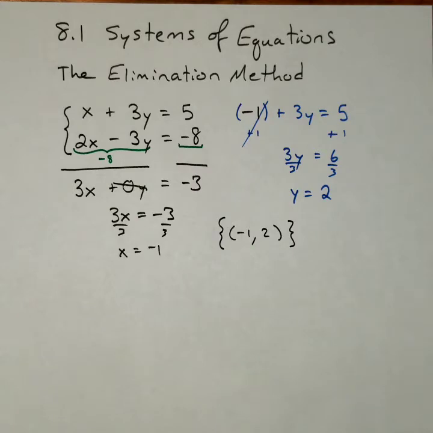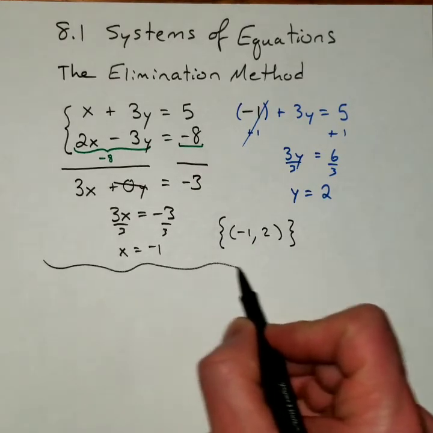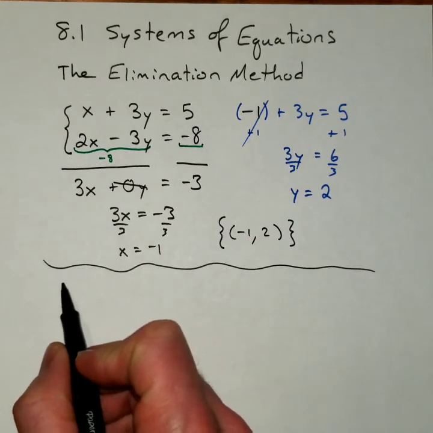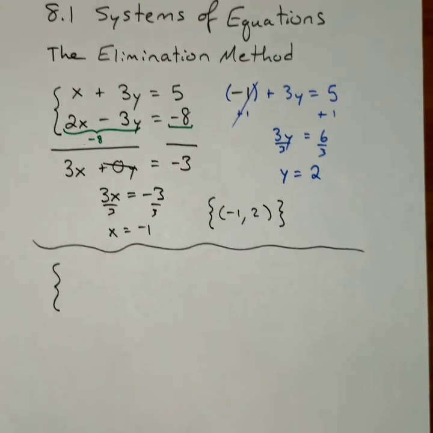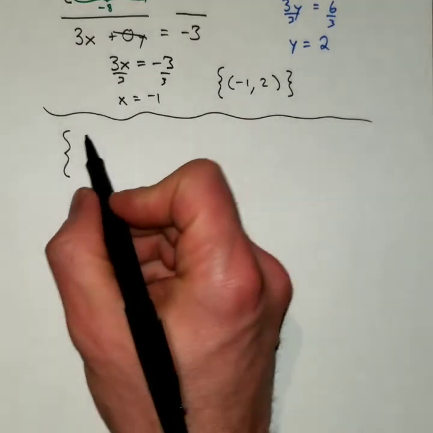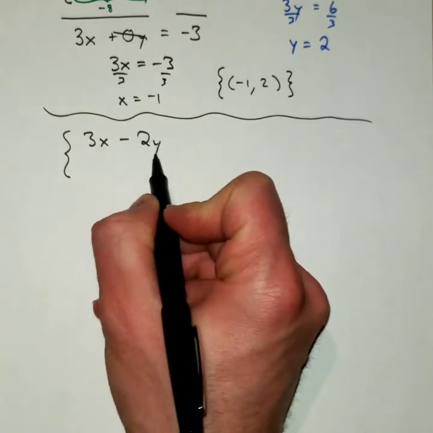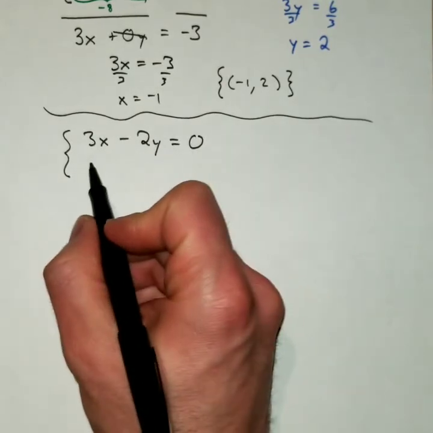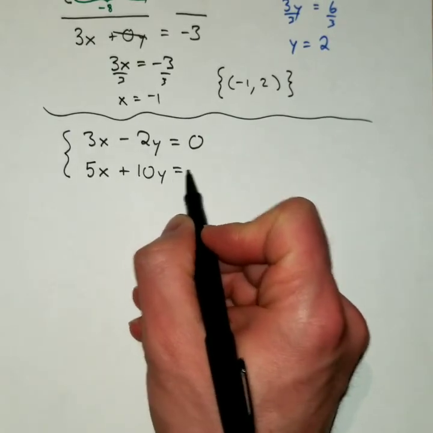Okay. We'll do a second one. This one is going to be a little bit different. Let's separate this off. Alright. This one, we're going to go with 3x minus 2y equals 0 and 5x plus 10y equals 4.